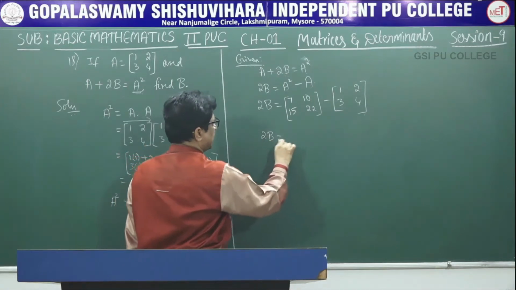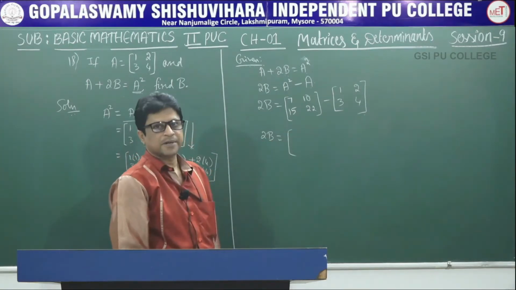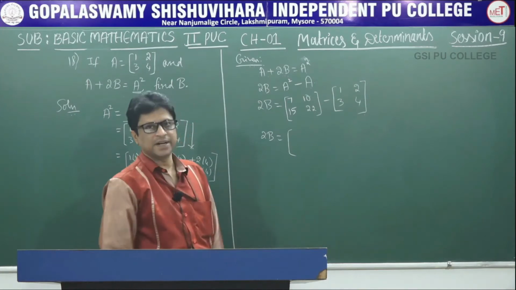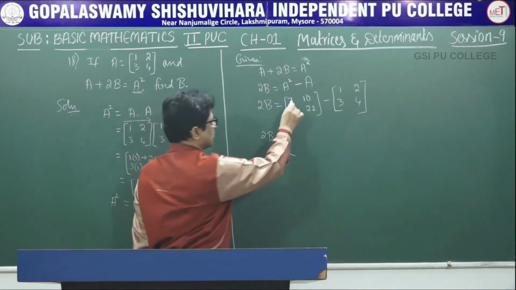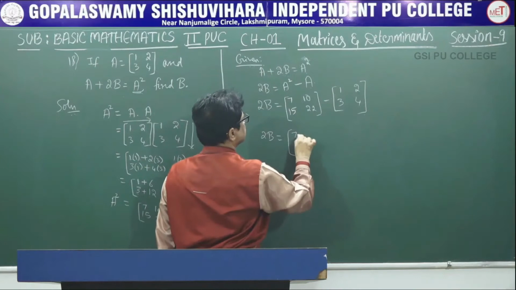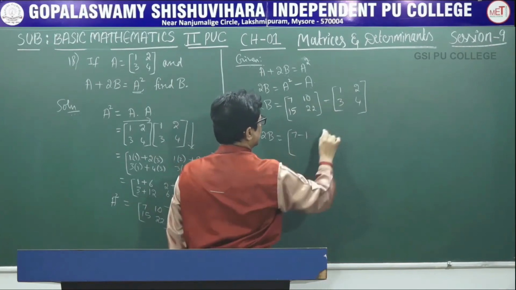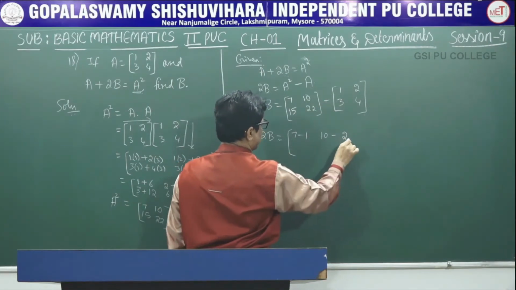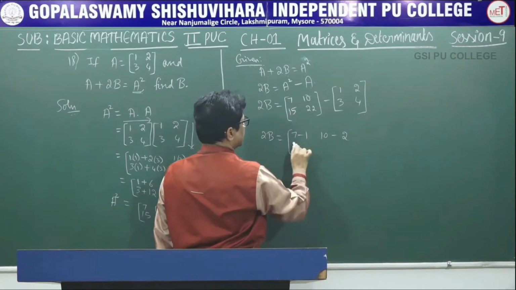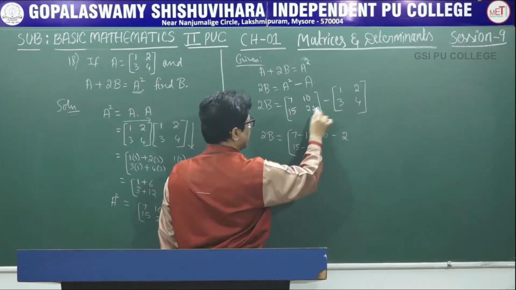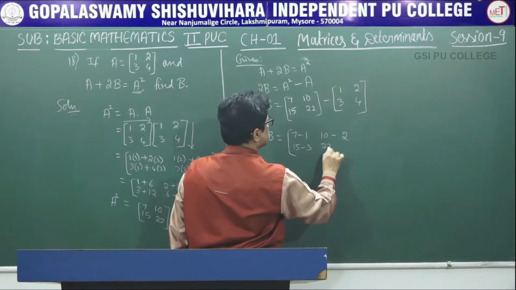So, 2B will be equal to, we subtract the corresponding elements of the matrices. So, 7 minus 1, 10 minus 2, 15 minus 3, 22 minus 4.